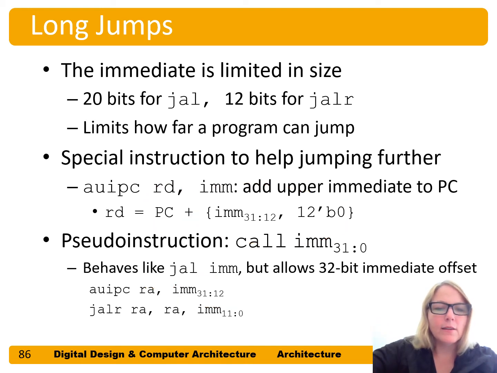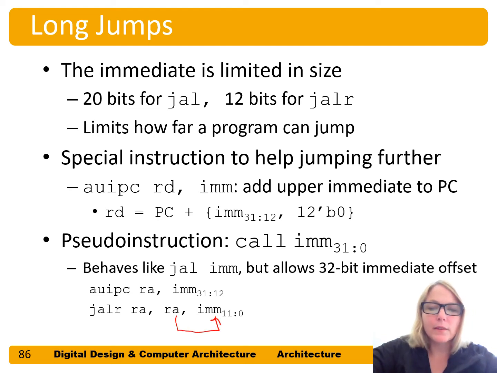And then we're going to jump and link register to that value plus a lower immediate, a 12-bit signed immediate. And then this jump and link register RA puts PC plus 4 in RA.